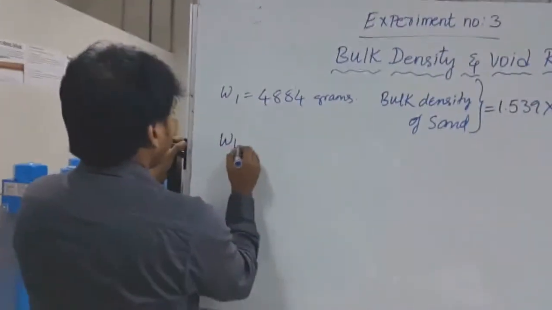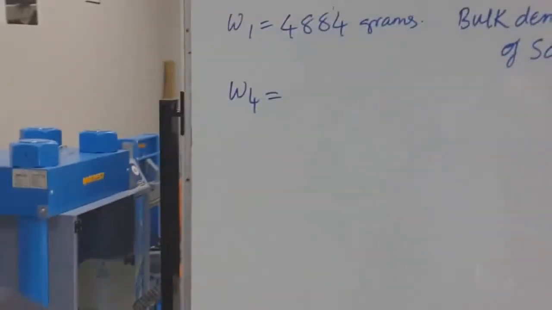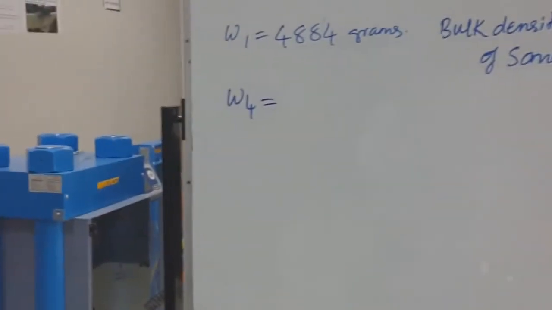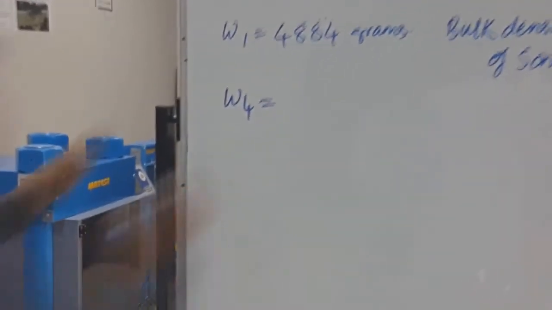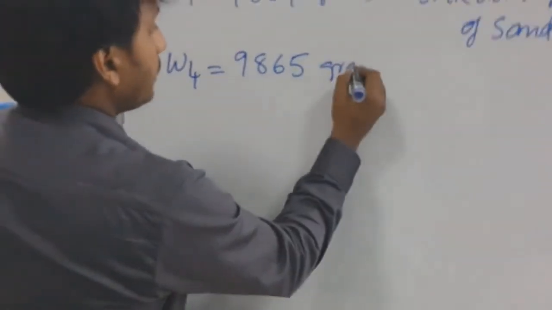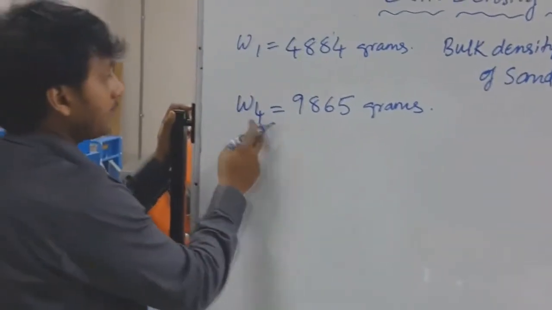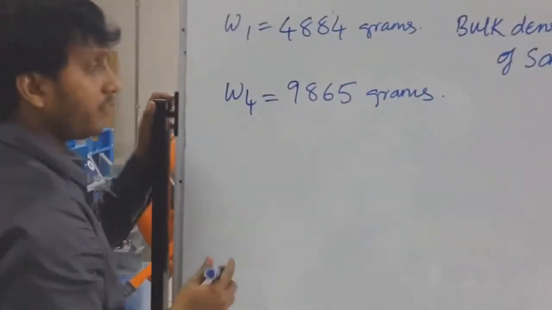It is 9865 grams. W4, the weight of compacted sand with mold, is 9865 grams.